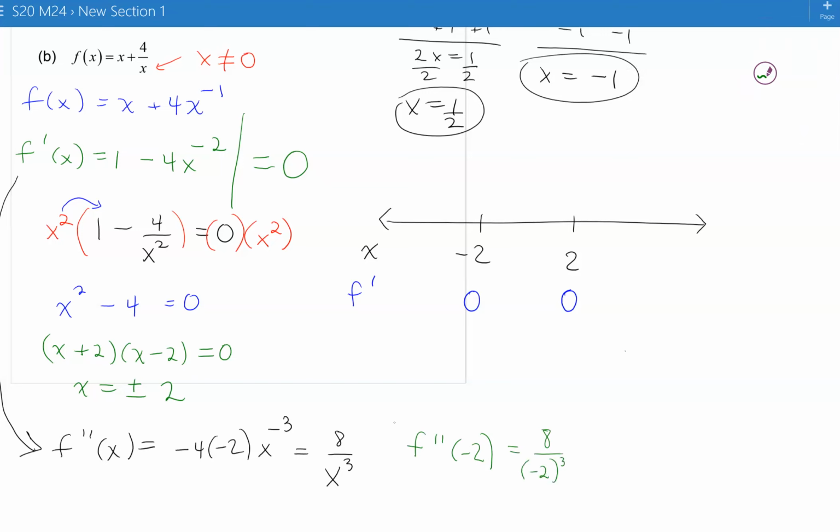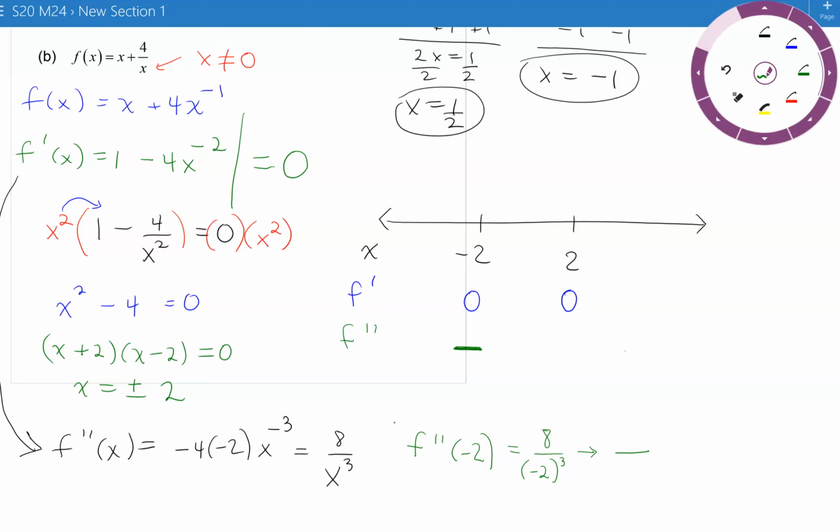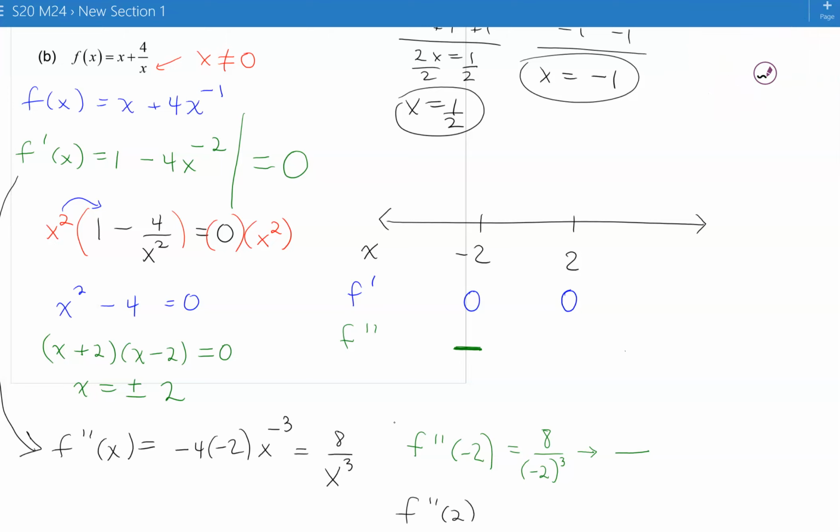And the negative number cubed is negative. So f double prime is negative when x is -2. And f double prime of 2 is 8 over 2 cubed. So that's going to be positive.